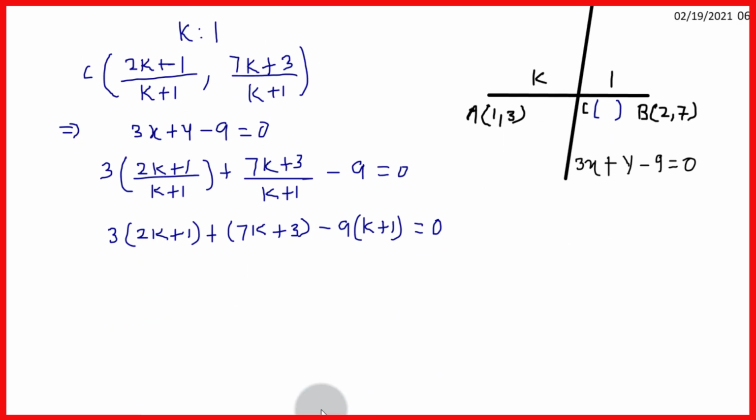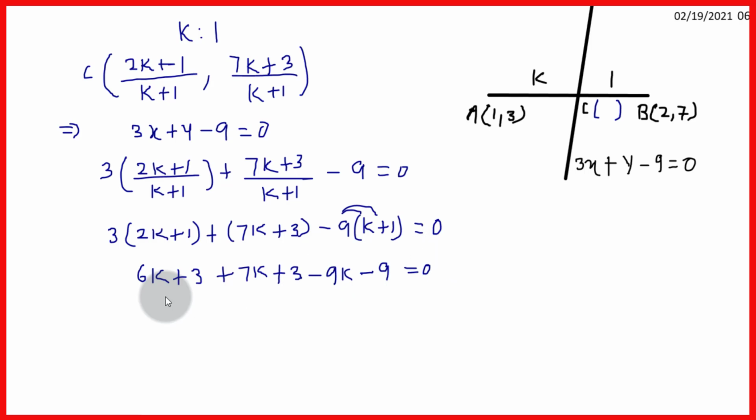Now solve this further. It is very simple. Multiply by 3 inside the bracket, so it will be 6k + 3, plus 7k + 3, minus 9k, minus 9, which is equal to 0.